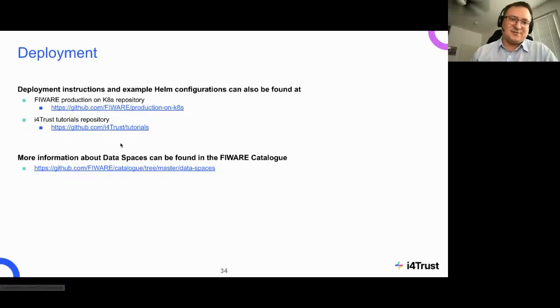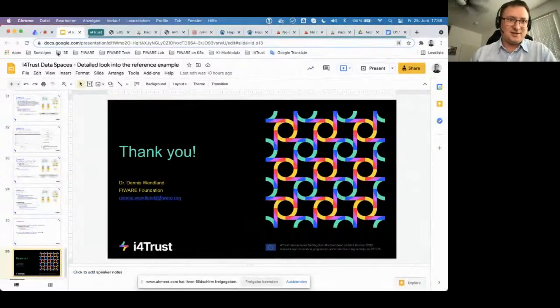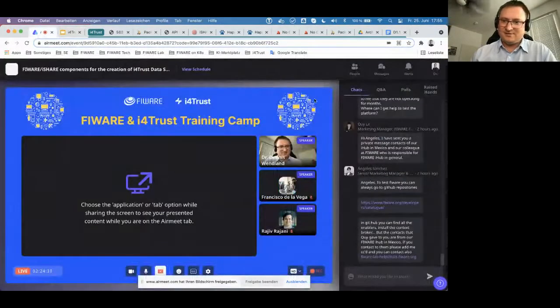And if you're interested in data spaces in general, there's also additional information in the FIWARE catalog. And that's my presentation. So first of all, thanks for listening. And I think we now still have plenty of time for questions.